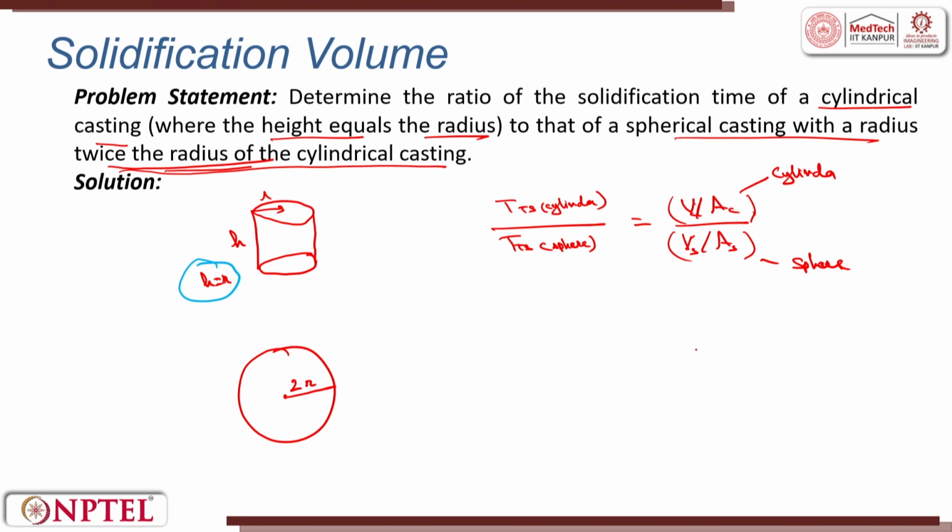This ratio will turn out to be 0.14. Just calculate it. Make sure that for the volume and the area of the cylinder you put h is equal to r, and for the volume and the area for the sphere you put the radius as 2r. So, all the variables would be cancelled, you will get this ratio, this solution you will get.